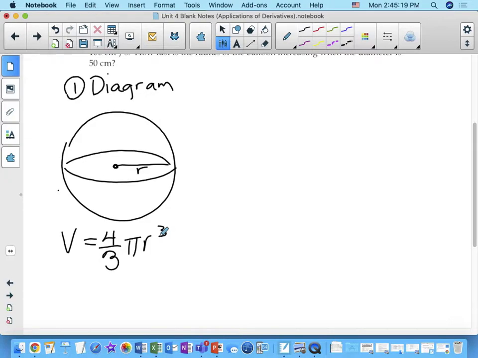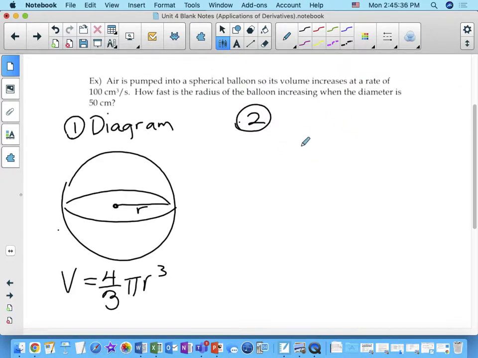So the second thing that we're going to do is write out what we know and write out explicitly what we are being asked to find. So here's what we know. We know that the change in volume with respect to time is 100 centimeters cubed per second.